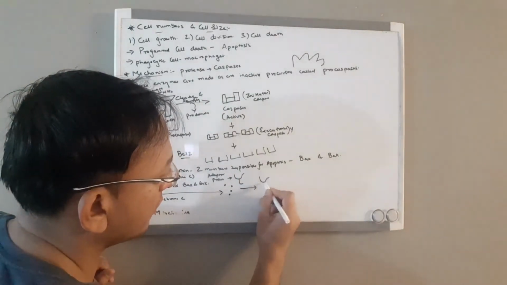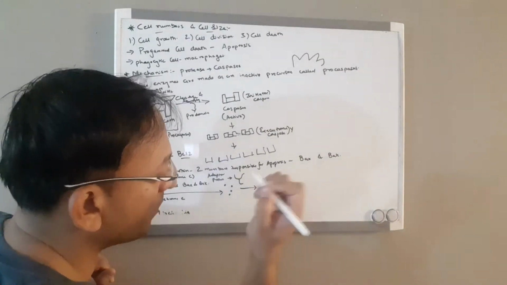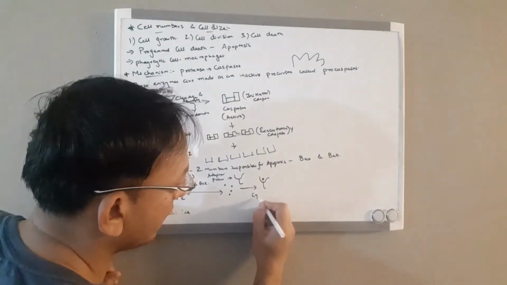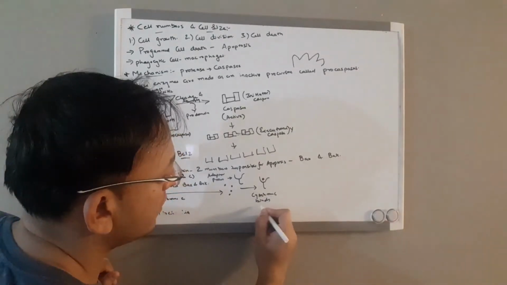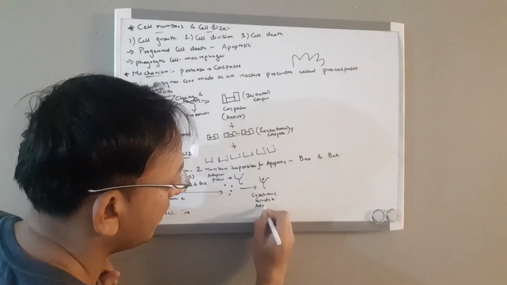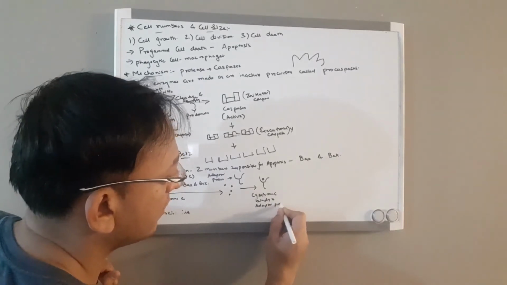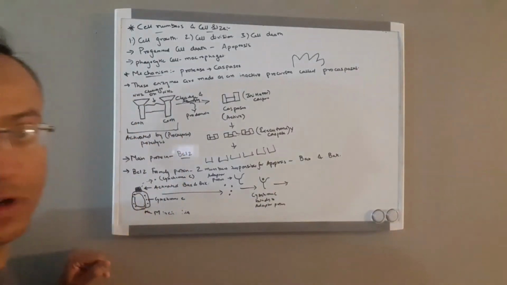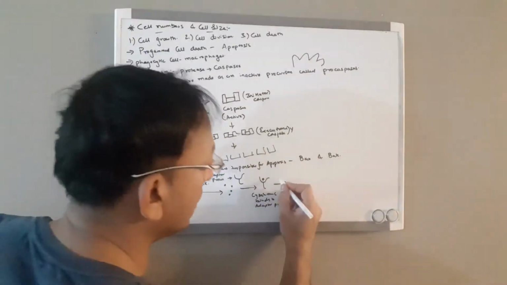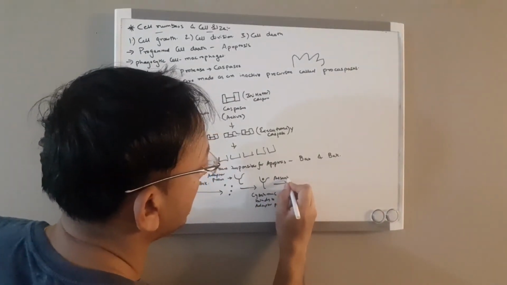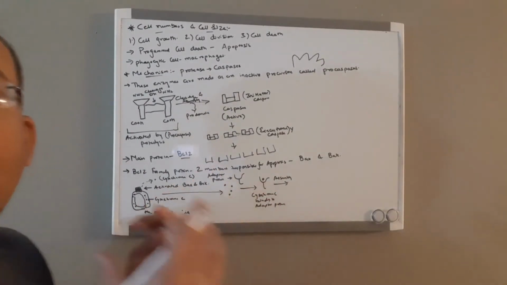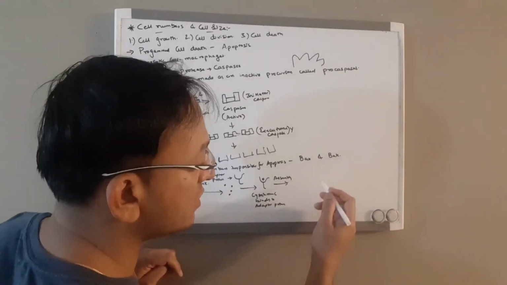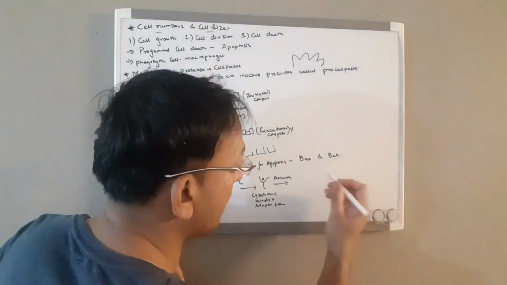So this cytochrome C goes and binds to an adapter protein. I'll write it down. Cytochrome C binds to the adapter protein, and that adapter protein then assembles into a 7-armed protein complex.